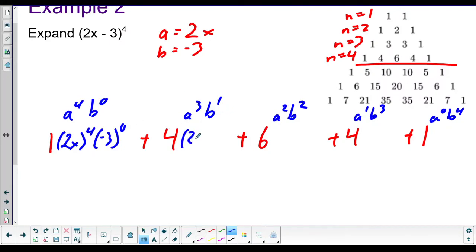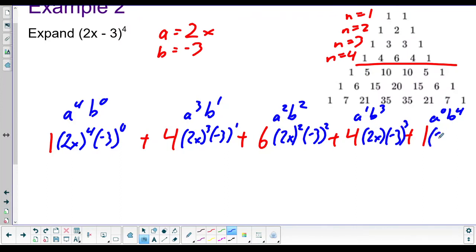This is going to be 2x cubed, negative 3 to the 1st. This is going to be 2x squared, negative 3 squared. 2x, power of 1, we don't need to write it, negative 3 cubed. This is going to be 2x to the power of 0, but anything to the power of 0 is 1, and then negative 3 to the 4th power.